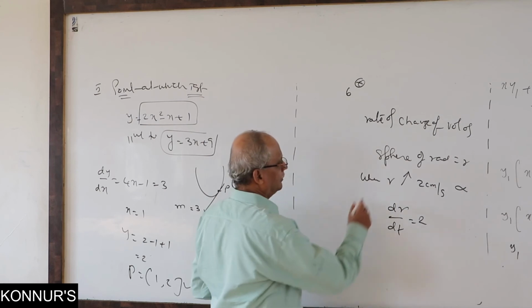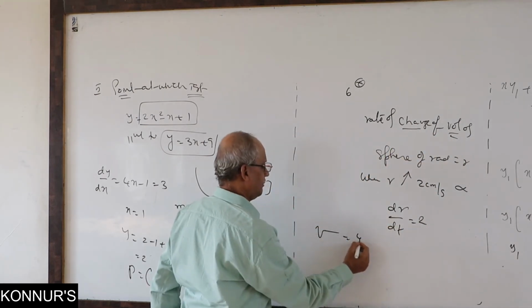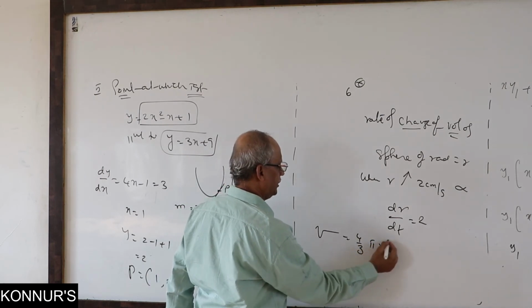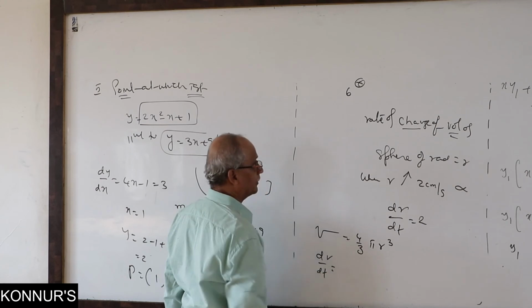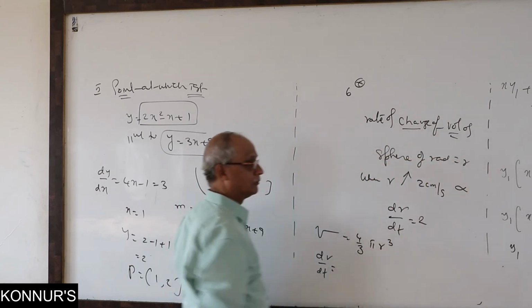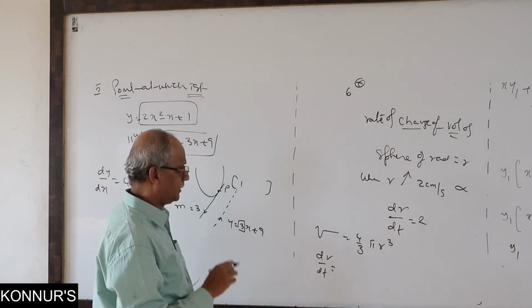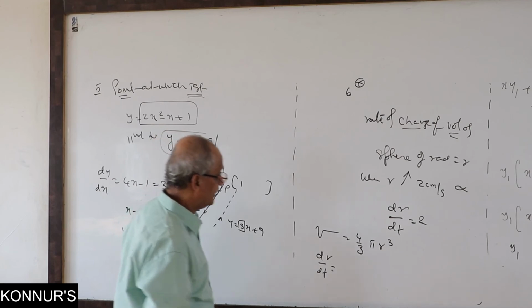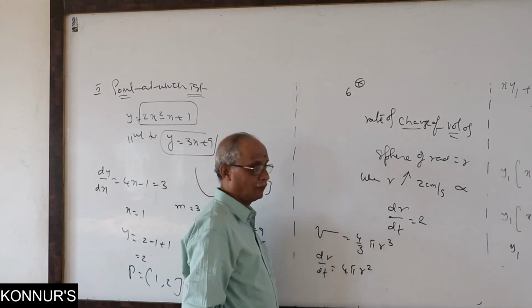What do they want? The rate of change of volume of the sphere. What is the volume of the sphere? 4 by 3 pi r cube. Then what is dV by dt? Because he is asking for the rate of change of volume, it is the derivative of V with respect to time. dV by dt: how much here? 3 cancels. 4 pi r square.